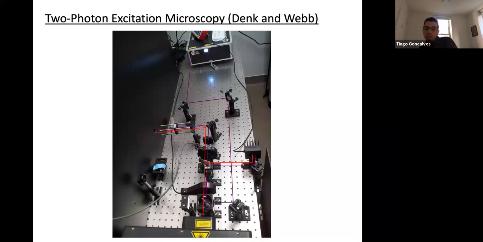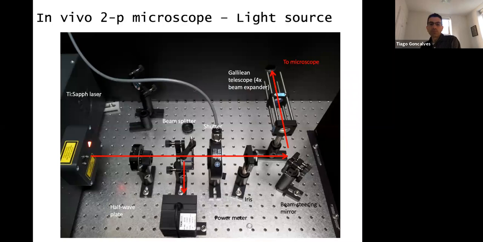For example, one of them is a device called a Pockels cell that you'll see very often in many optical systems. Pockels cells are basically electro-optical modulators, and they select light based on polarization too, and can do that on a very fast time scale.